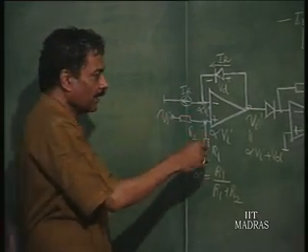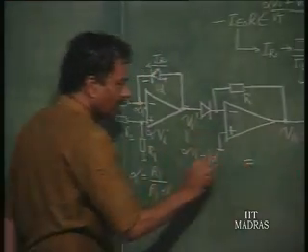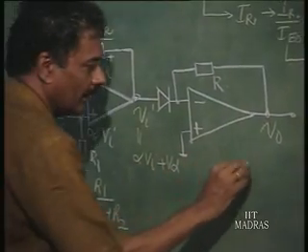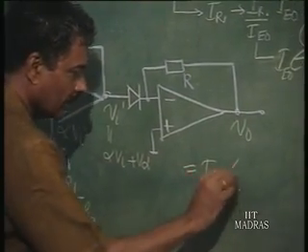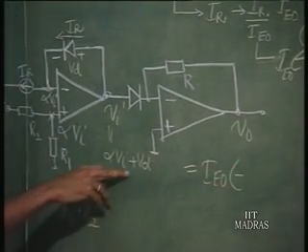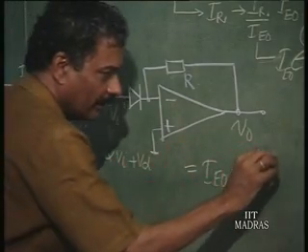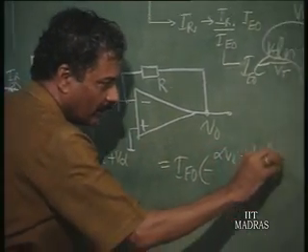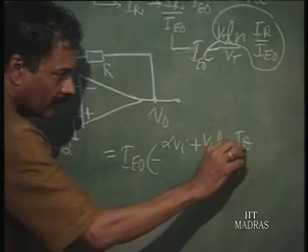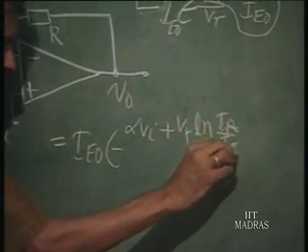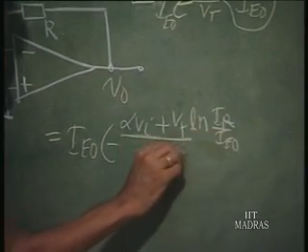So, let us now again find out what V naught is. V naught is going to be IE naught exponent of this voltage, alpha Vi plus Vt log IR by IE naught, divided by Vt.